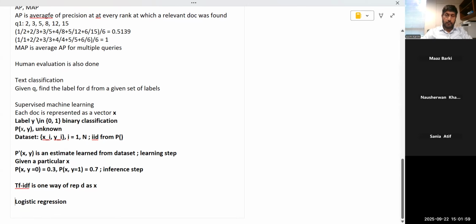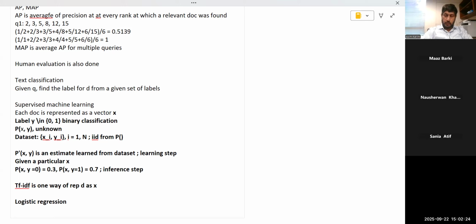Okay. So logistic regression is a fairly powerful text classification or a general classification technique. It's a probabilistic classification technique, and so it's used for classification, but it's called regression.